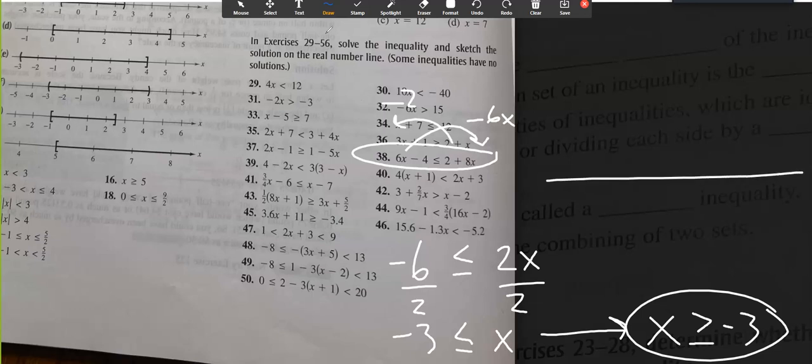Okay, so we've got 0 here. We've got -3 over here. How would you sketch this? Would you use a bracket or a parenthesis on -3? We'd use a bracket. Which way should we be drawing the arrow, to the right or the left? X is greater than, so we would go right.